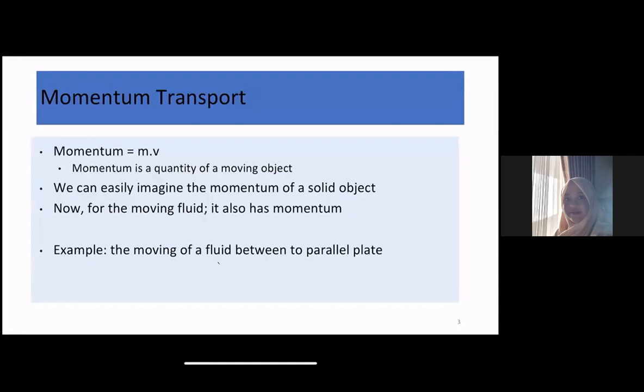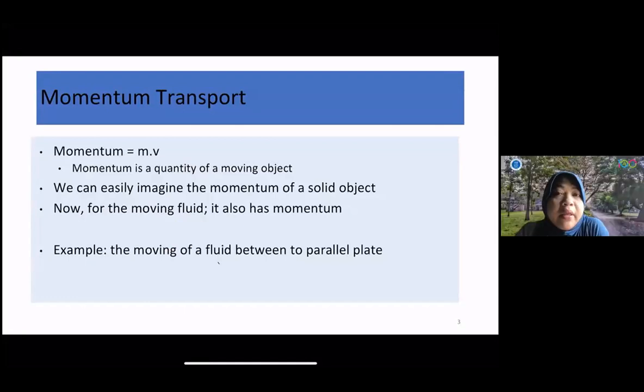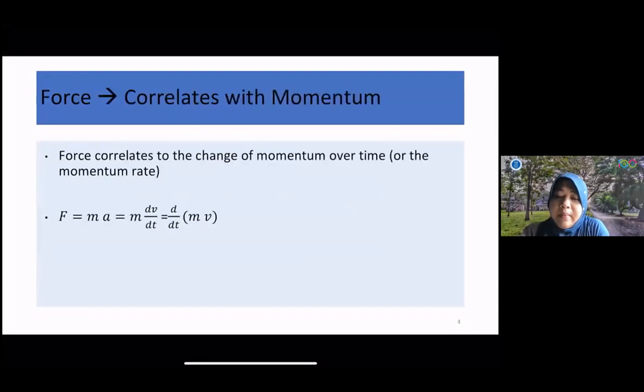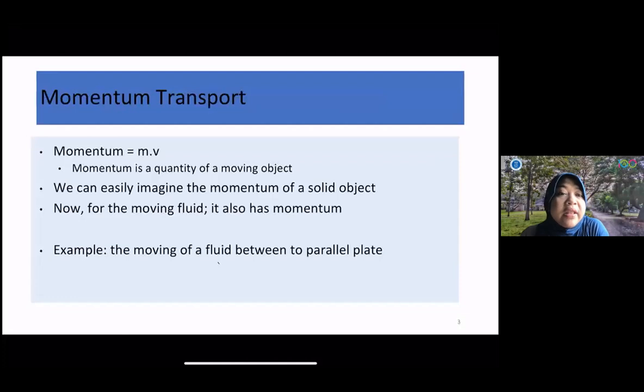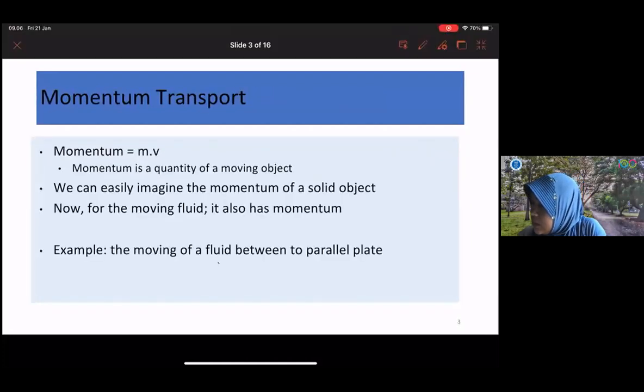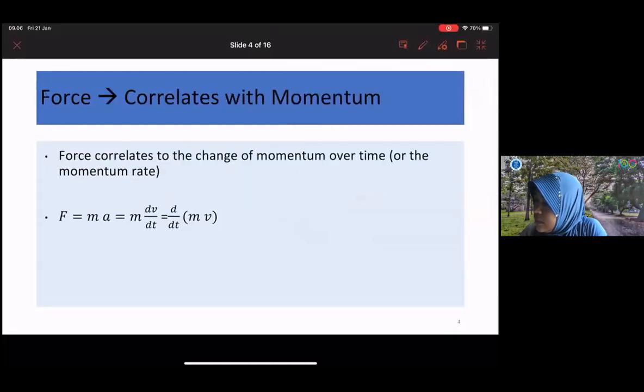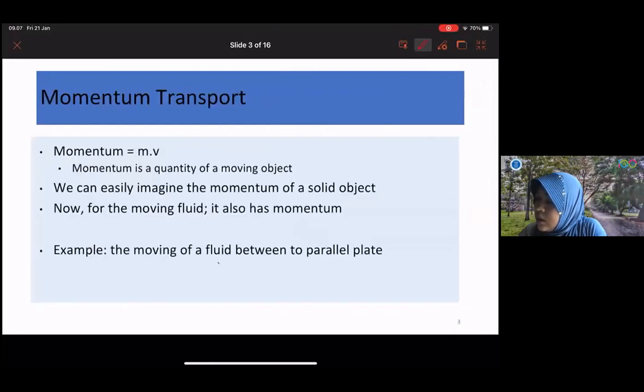Let's consider the momentum transport. Do you remember momentum from high school? Momentum is mass multiplied with velocity. So this is the mass, and also multiplied with velocity.